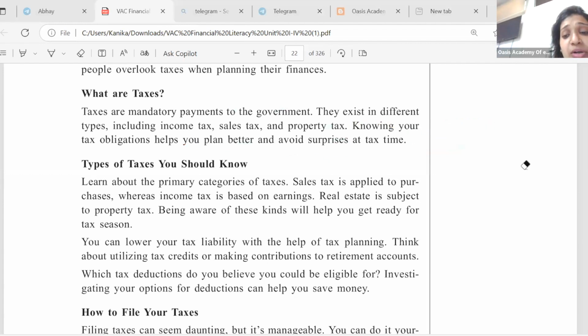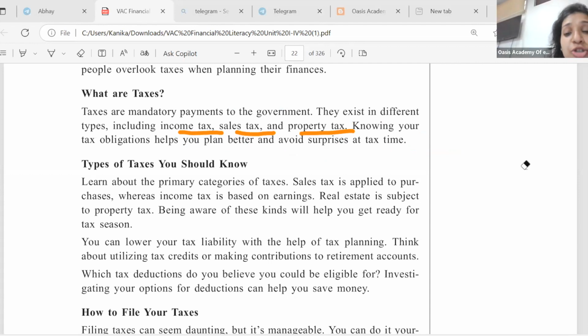Every individual who earns income pays taxes. You have income tax, direct tax, and indirect tax; you have to pay TDS and GST on whatever transactions you do or services you incur. There are different types of taxes, like income tax, sales tax, and property tax.